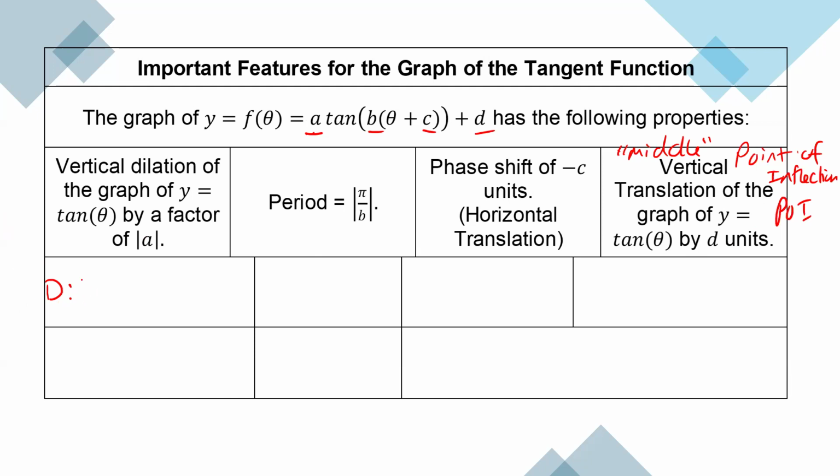It's your b, whatever your b is, times x, however, it cannot equal pi over 2 plus pi times k, and k is just an integer. Okay, when you see this symbol, that means, hold on, let me make it prettier.